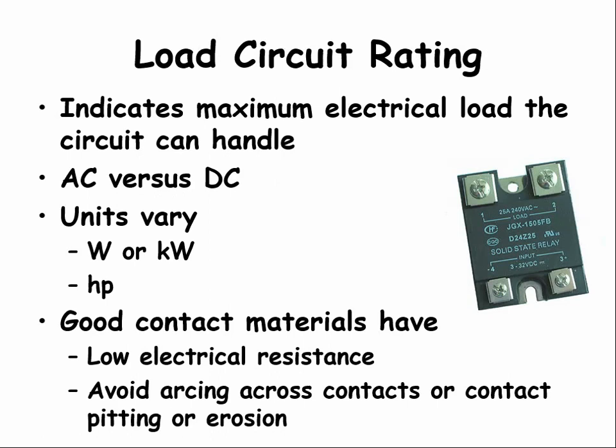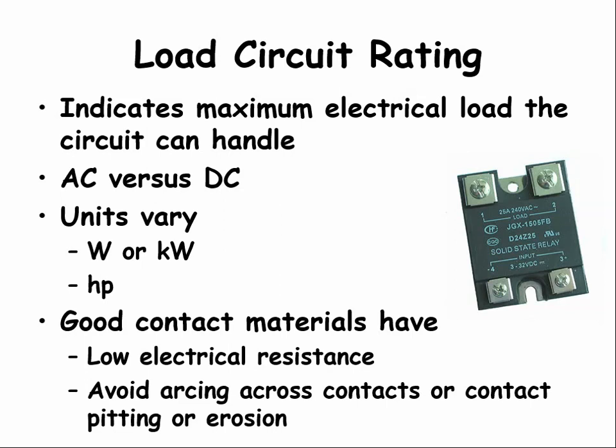The final characteristic I will talk about is the load circuit rating. This tells you the type and the maximum electrical load that the relay can handle. Some relays can only control alternating current devices, and some can only control direct current powered devices. The load side will usually give either the maximum kilowatts or horsepower that can be controlled by the relay.